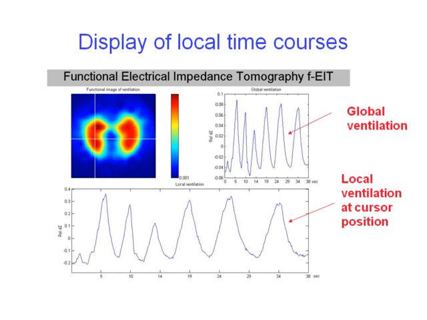You can, of course, also look at a static image, and you use a cursor to look not only at the global impedance change, the global change in ventilation, but you can look at the local ventilation at the cursor position. And I think that is a very unique option this technique gives you.